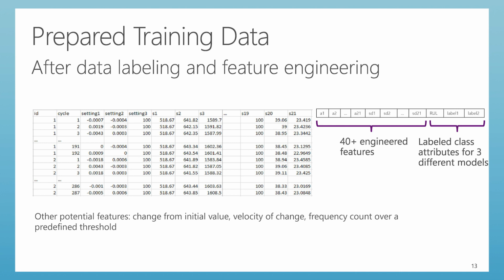So essentially this whole thing represents the training data that feeds into the machine learning model. There are also other potential features you can create. For example, the change from the initial value, or the velocity of the change, frequency count over a predefined threshold, and so on and so forth.